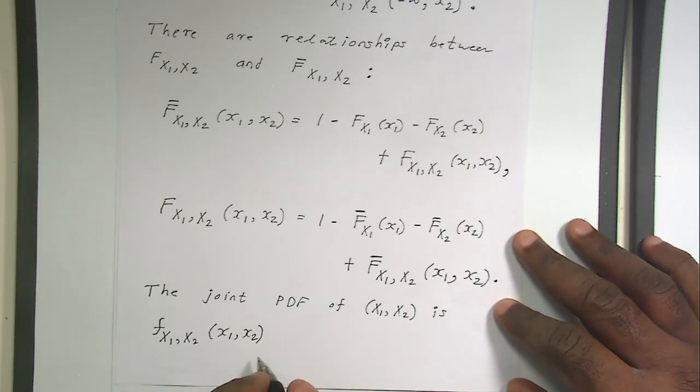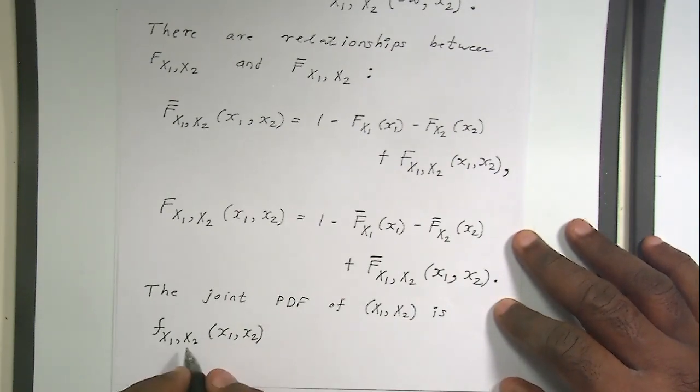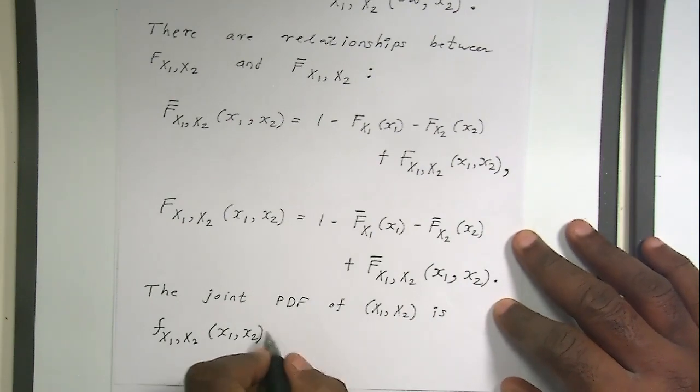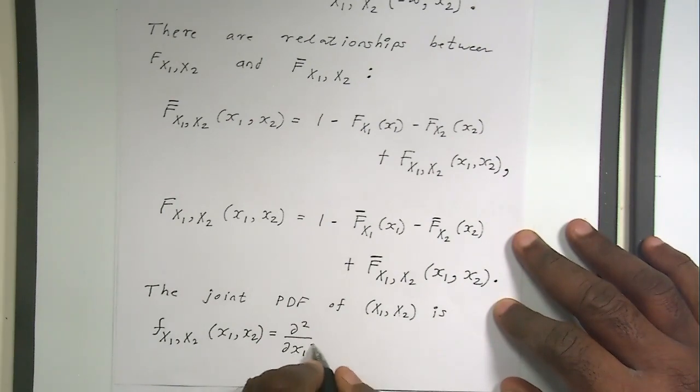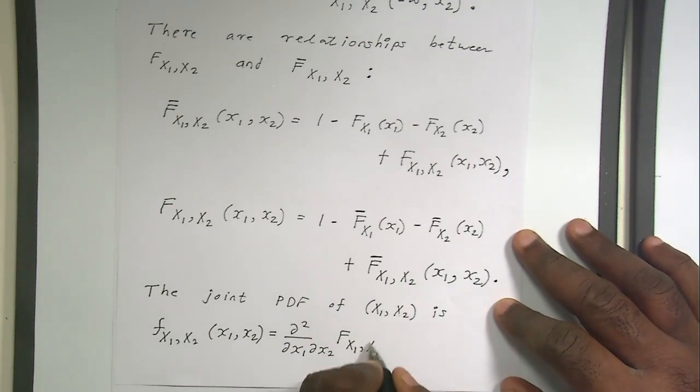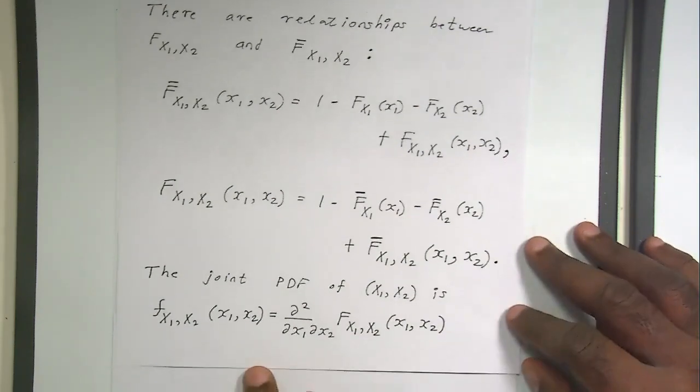This is the notation for the joint PDF, and it can be obtained from the joint CDF by this.